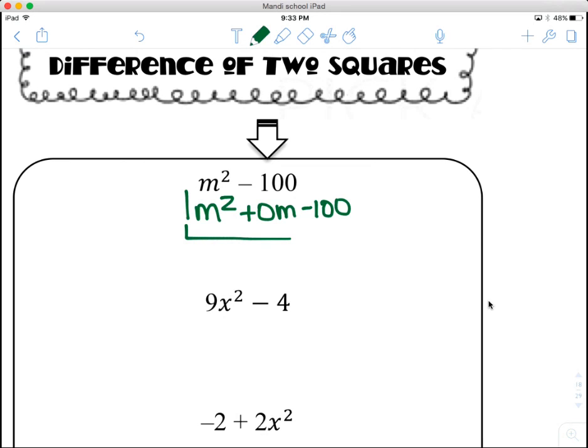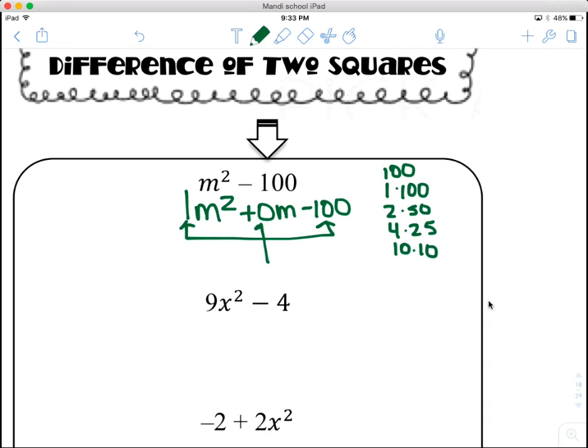So we take 1 times 100. We want the factors of 100. So 1 times 100, 2 times 50, 4 times 25, 10 times 10.